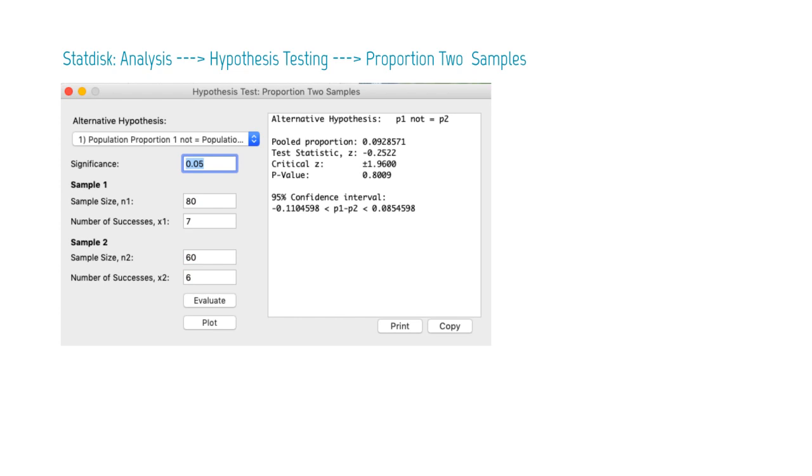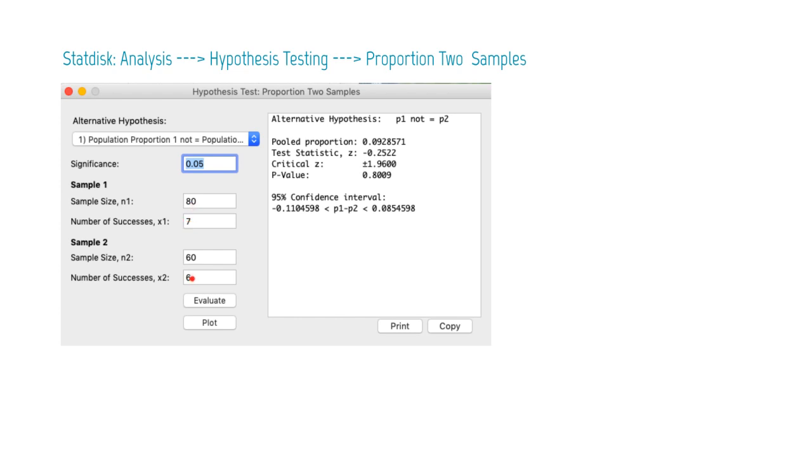Now, there are some requirements that must be met in order to perform this hypothesis test. And one of them, probably the most important one that you'll be faced with, is that the number of successes in each of these has to be at least 5 in order for this to work. And actually the number of failures does too. So this number here can't be too close to 80 and it can't be less than 5.